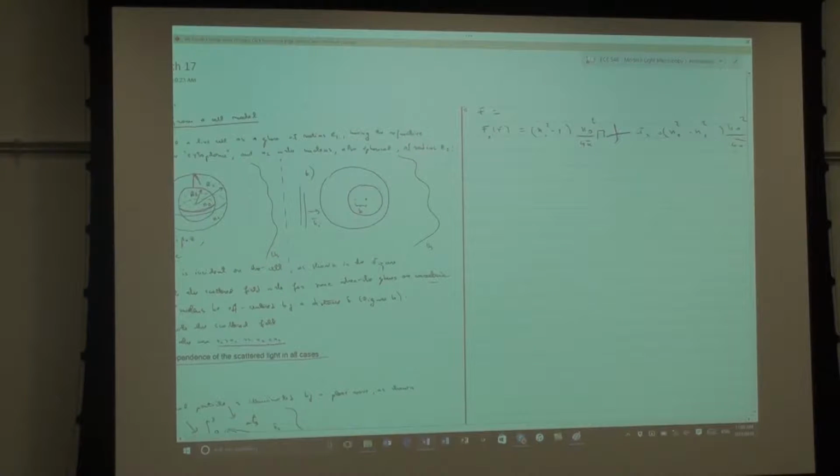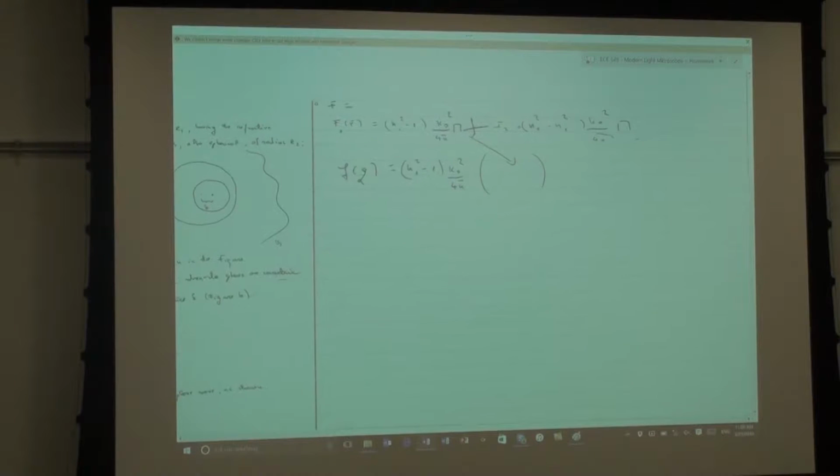And then the Fourier transform of this will be, so let's say f of q will be with n1 squared minus 1, all this k squared stuff. And then we know what the Fourier transform of that is, the sine of x minus x cosine of x. Plus the same thing here.